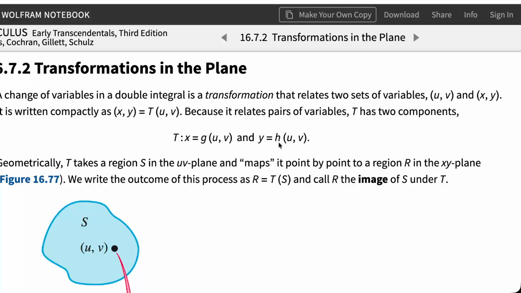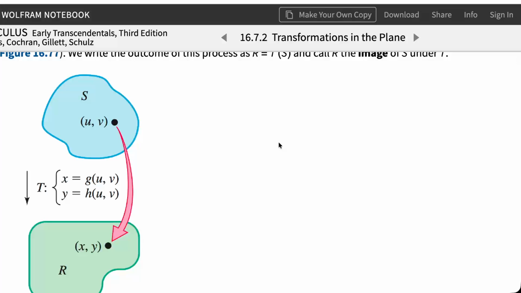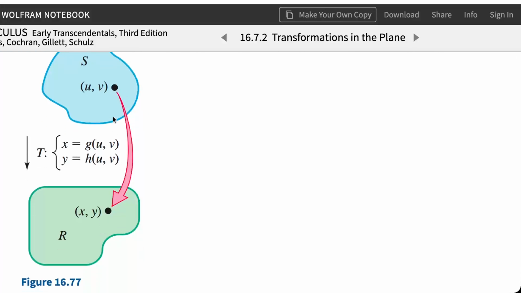Ideally, that change is done nicely, by which I mean it's one-to-one. Here we're showing S in the UV plane being converted into R in the XY plane. But what if S got folded up or crumpled or ran into itself some way down below?